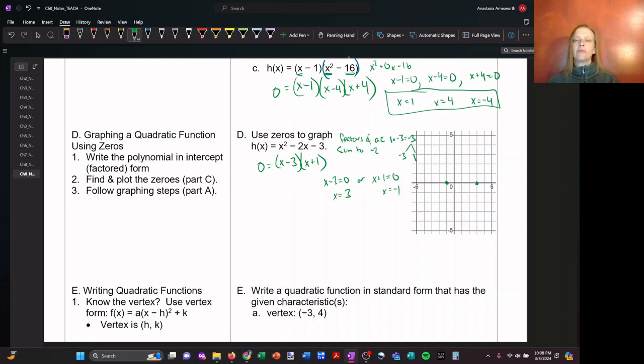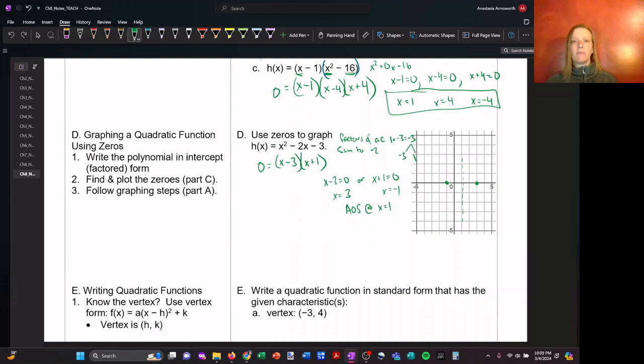Take the average of negative 1 and positive 3 so that you know the axis of symmetry is right here at x equals 1. So I need to find the y-coordinate for my vertex.